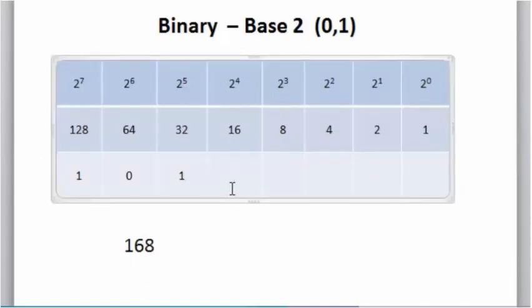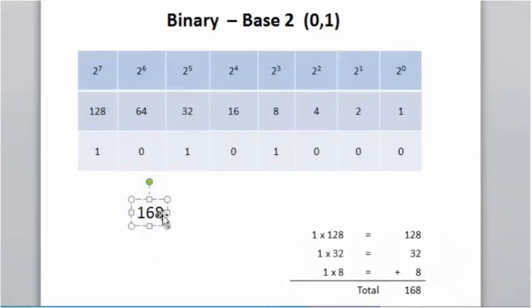I'll follow this up with zeros in the 4's place, the 2's place, and the 1's place. And 168 in binary equals 10101000. I now have 128, I have 32, and I have 8, and 128 plus 32 plus 8 equals 168.